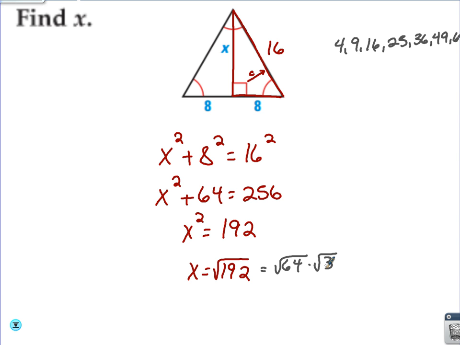You get 3. So that means that 64 times 3 must give you 192. I know the square root of 64. Mark it out. Put 8 in its place. 8 root 3. Or if you want approximate, the square root of 192 is about 13.9.